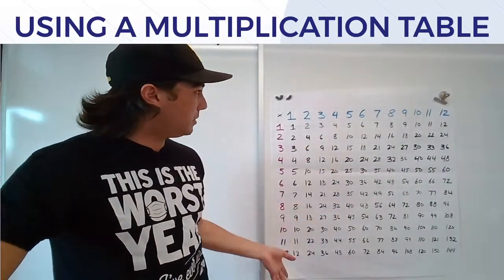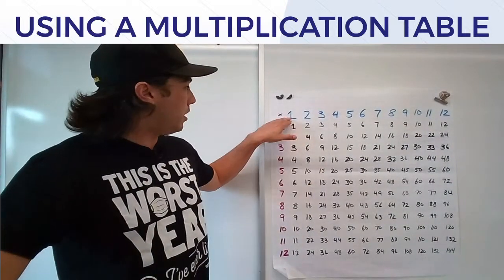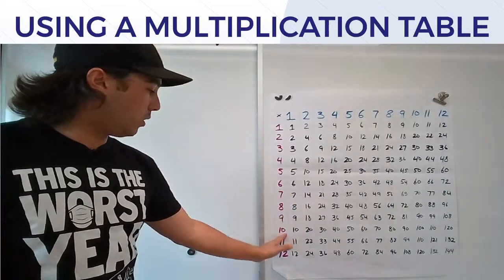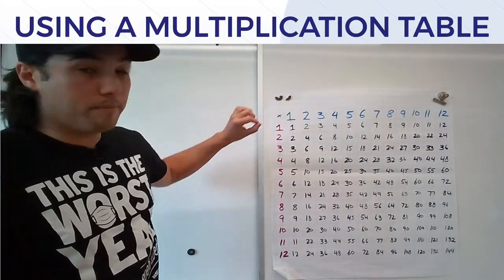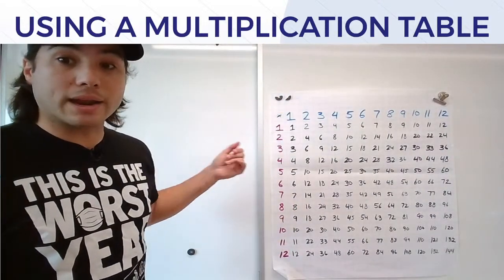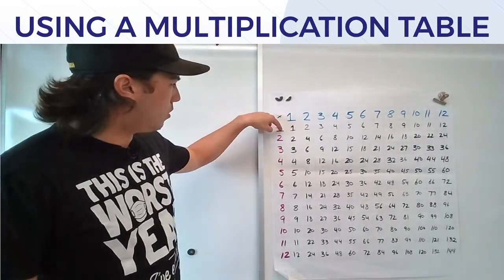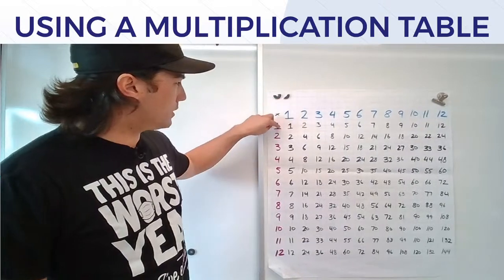So I put it on a big piece of poster paper here. I put 1 through 12 at the top. I put 1 through 12 on the side, and then where each of them meet, I put the product of those two factors. So 1 times 1 is 1, 1 times 2 is 2, 1 times 3 is 3, and so on.